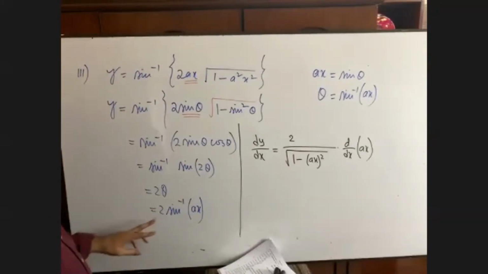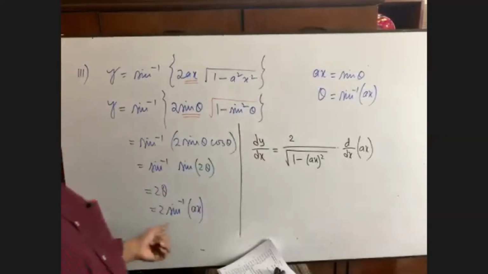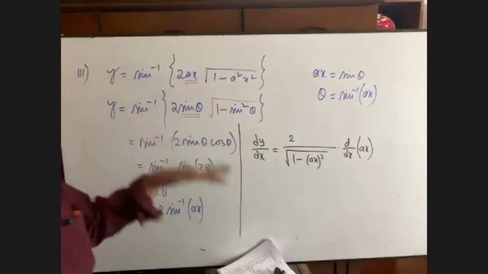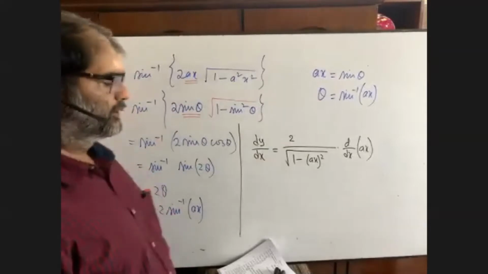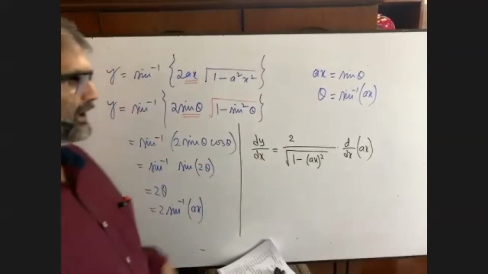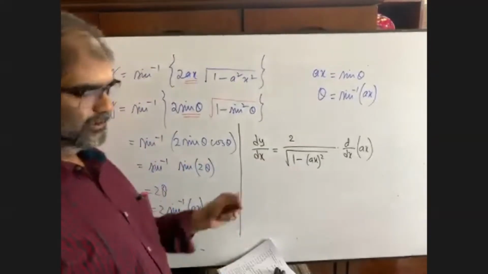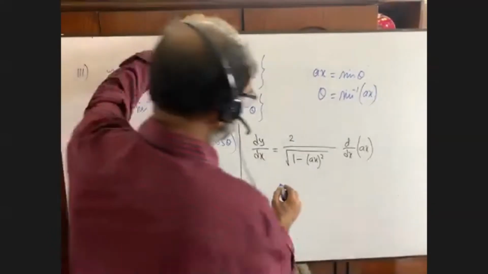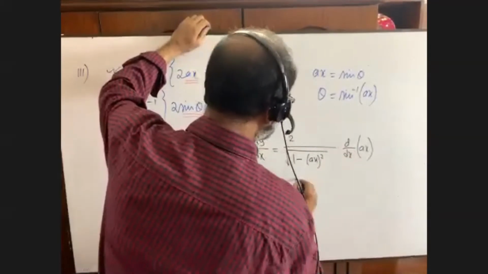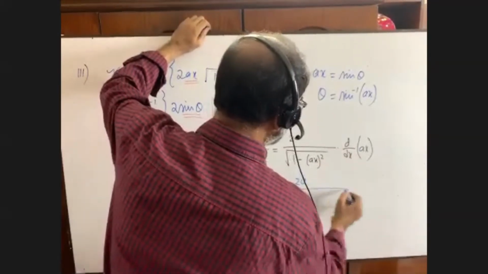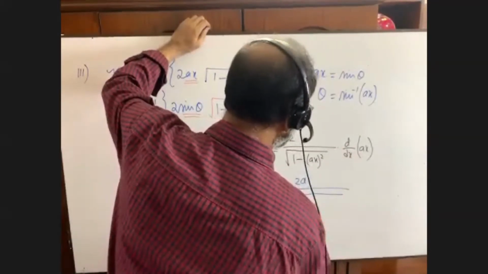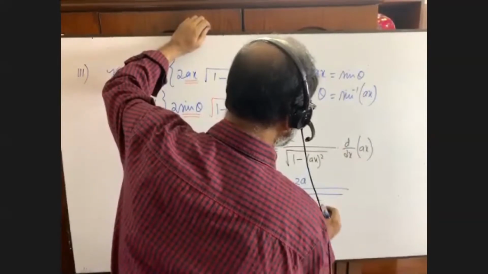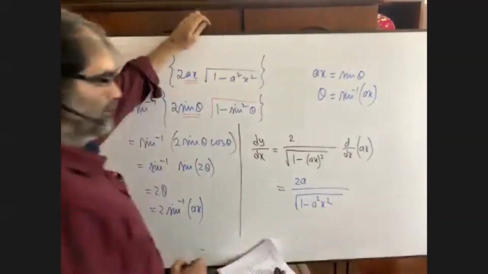This is 2, this is 2. What is the formula of sine inverse x derivative? 1 by root over 1 minus x square. So what is x here? X is ax. So it is not only x, so it is to be differentiated again, and I have done it. You see, it is 2a, and it is root over 1 minus a square x square. Talk to me.